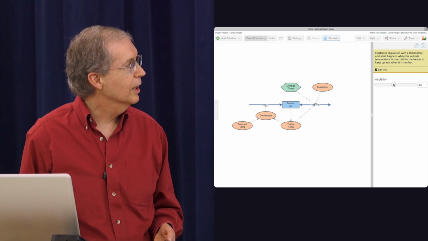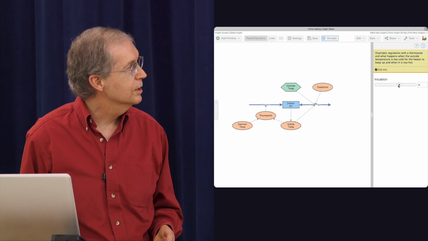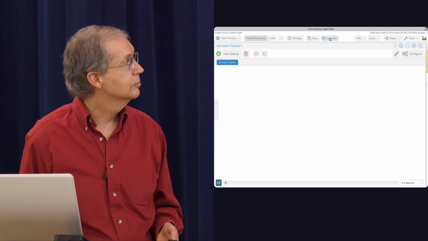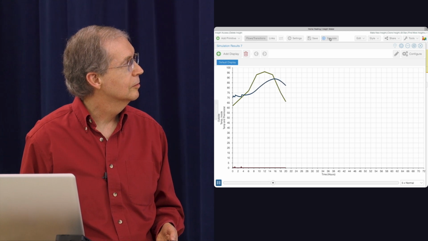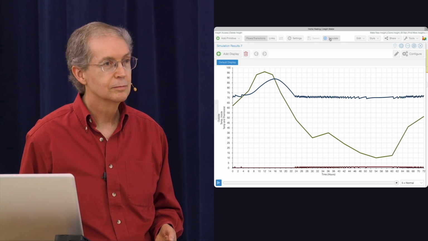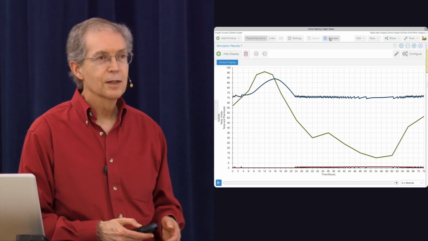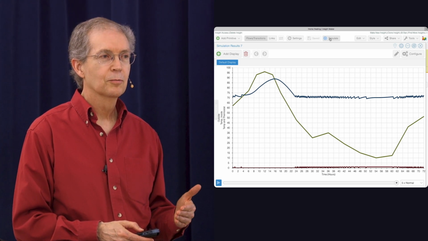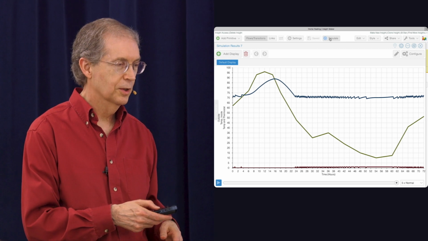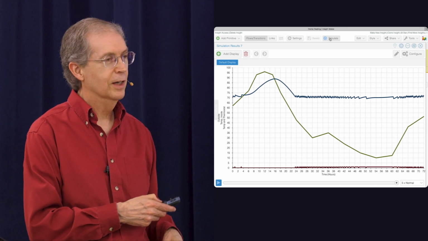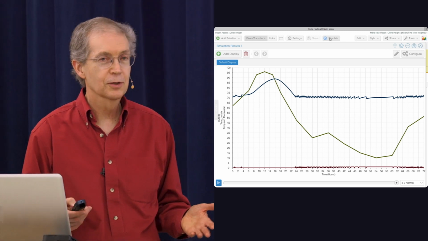Now suppose we bump that insulation up to 6 and run the simulation again. This time, there was enough insulation so that the heater was well sized for this particular temperature. But there was still nothing that could be done when the house would get warm, because heaters don't cool off houses.